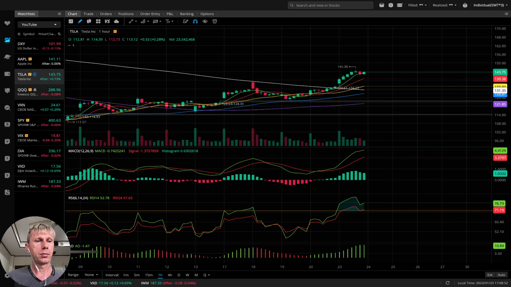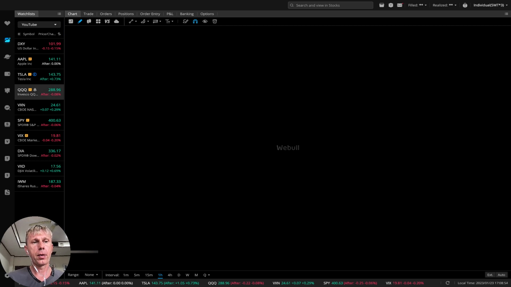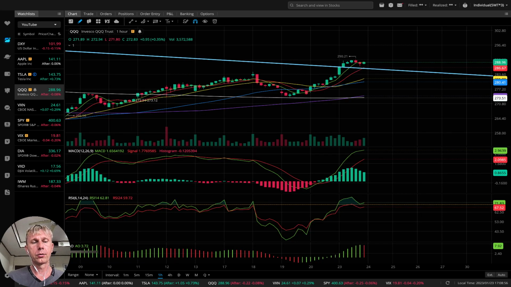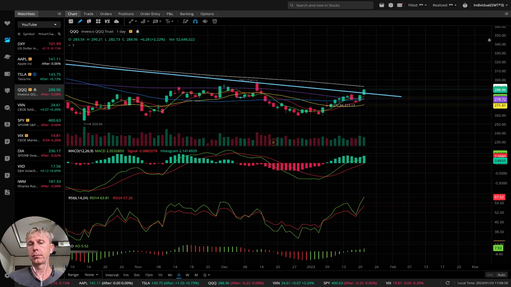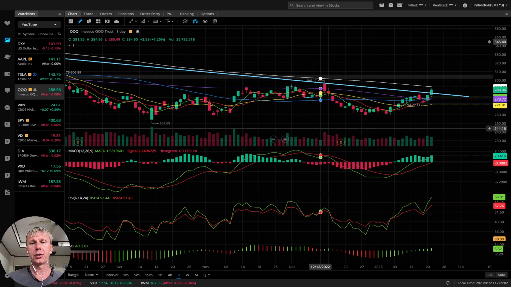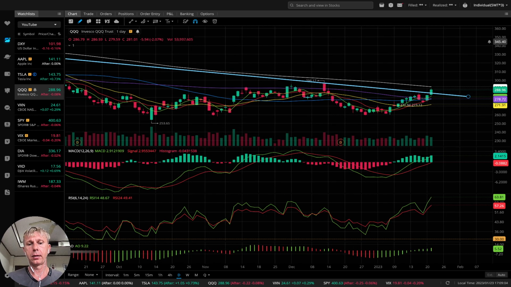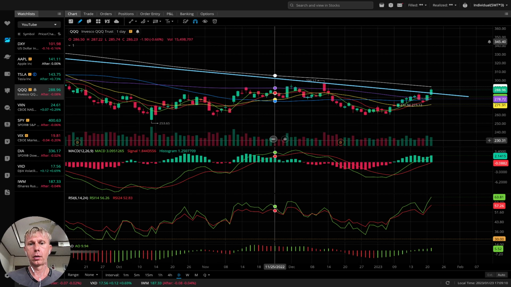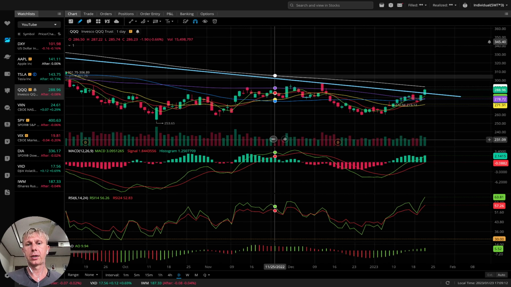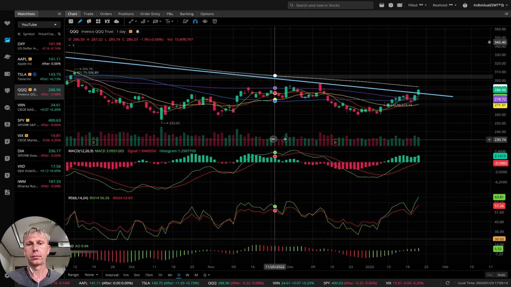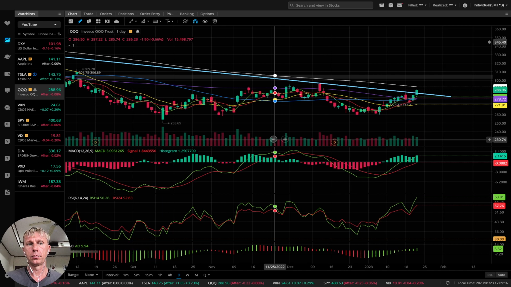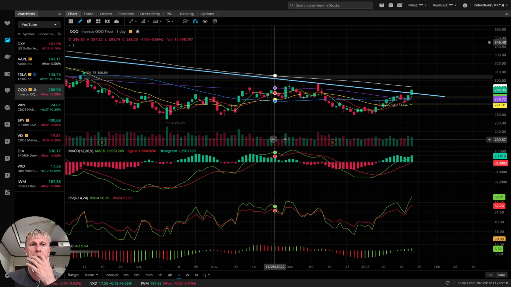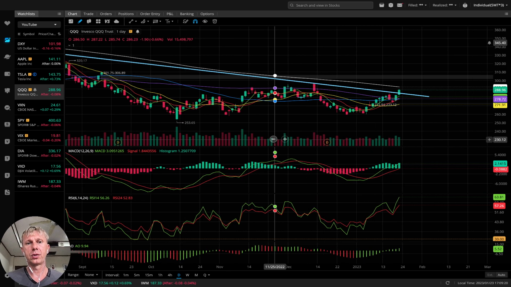Good, great job. Let's move to QQQ daily. It touched the trend line, right? Let me show you. It's a daily trend line from the top, this blue line.